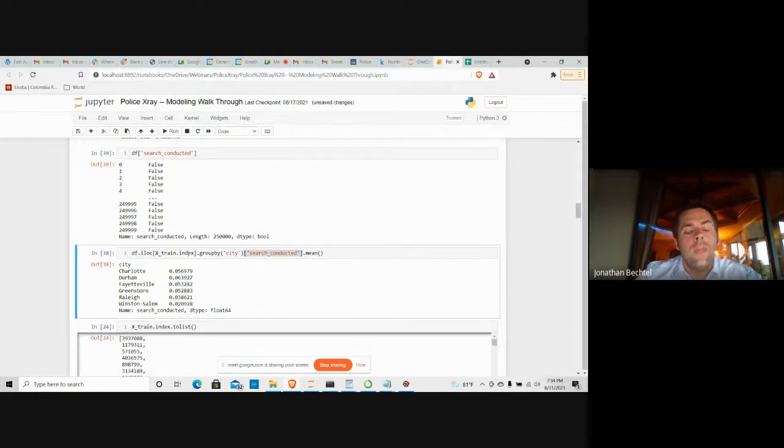So basically what we're saying here is that if you look at each of the individual cities, this is how frequently the value true came up for each one. Search conducted just tells you if that particular person was searched or not. And so in Winston-Salem, someone was searched about 2% of the time, and in Durham, someone was searched about 6.5% of the time.